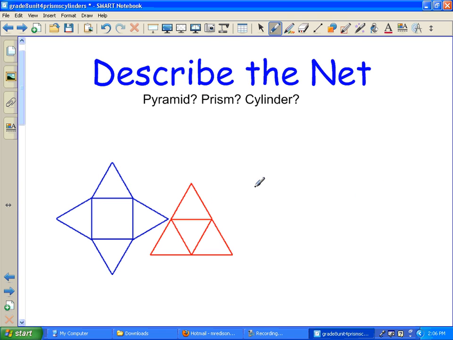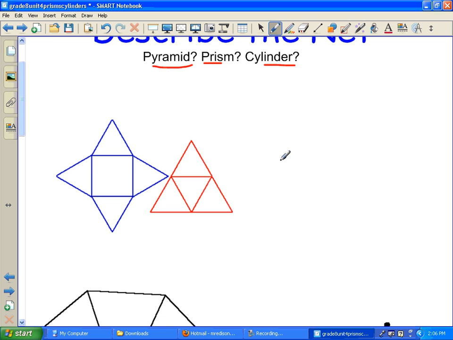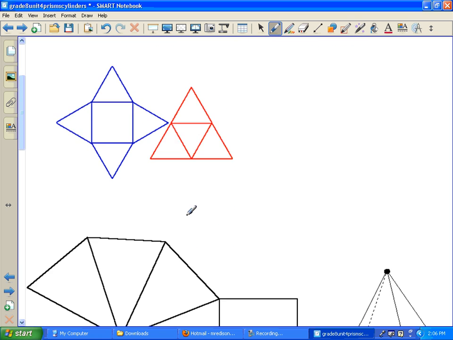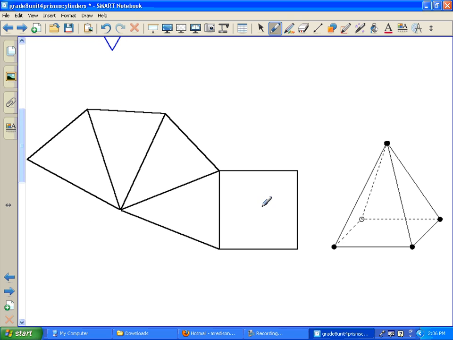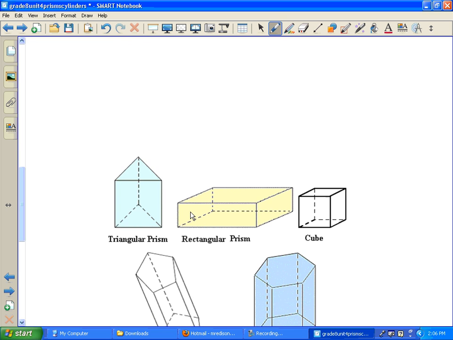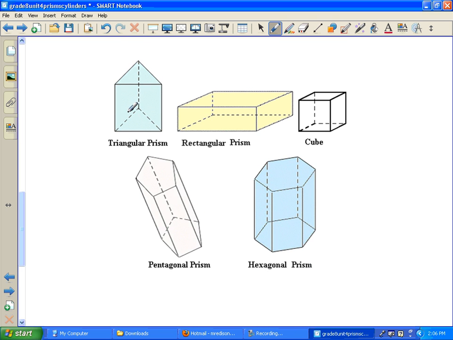So let's look at this one. Is this a prism, a pyramid, or a cylinder? Of course, we've got one base, so it's going to be a pyramid. This one here is going to be another pyramid because it only has one base, and then it has the sides. All of these will be prisms because, well, this one has a triangular base, so it's a triangular prism. This one has a rectangular base, so it's a rectangular prism.